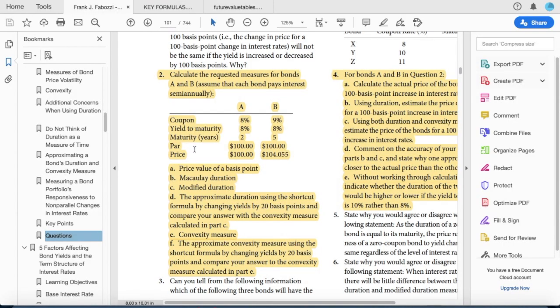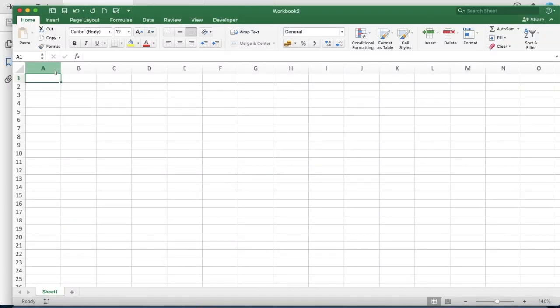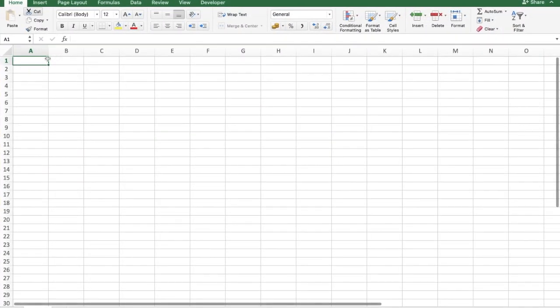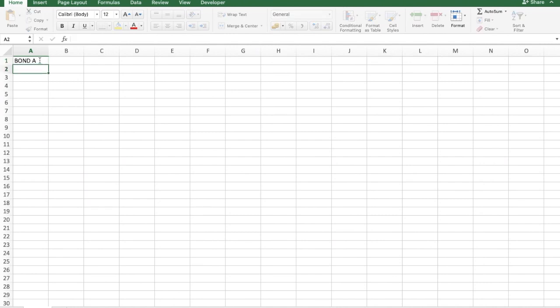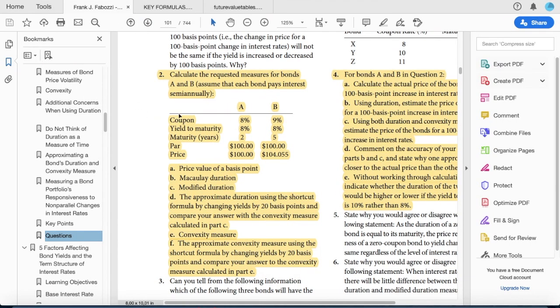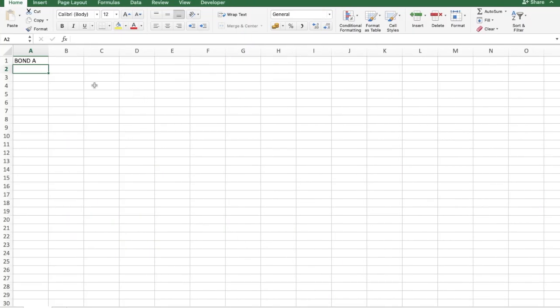Remember, we are asked to compute the price value of a basis point. So we will start with the bond A. I will copy all this information related to A in the Excel sheet.